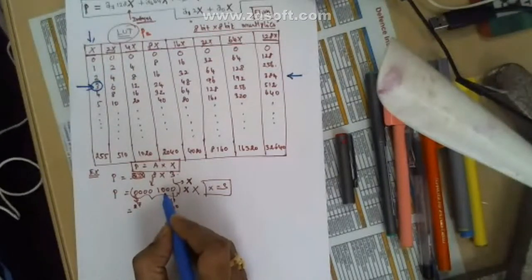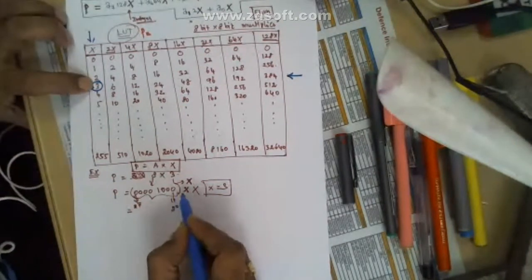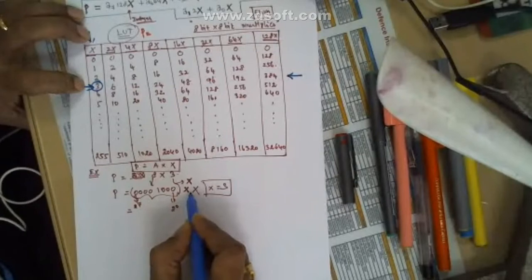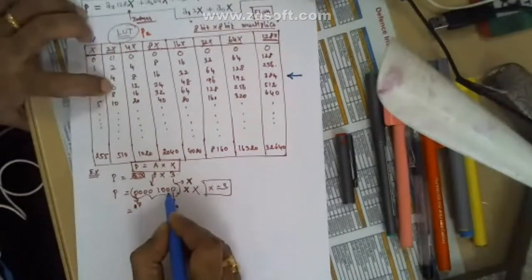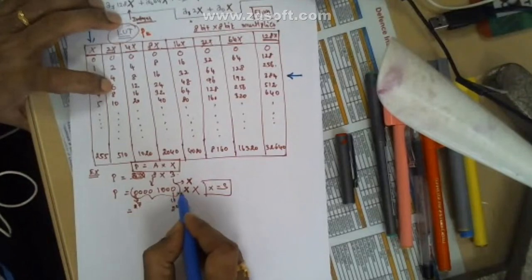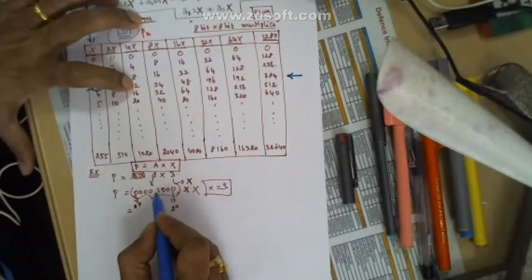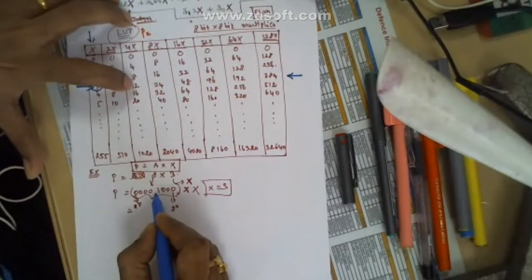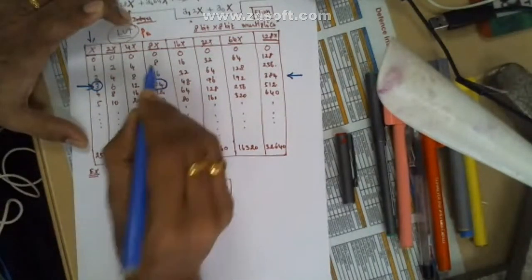All of you getting me? So this portion is 0. This has no magnitude because x into 0 is 0. X into 2 power 1 also 0. X into 2 power 2 also 0. X into 2 power 3 also 0. But x into 2 power 4 is there. So this value only will have the value.